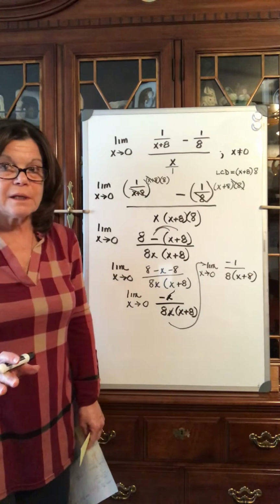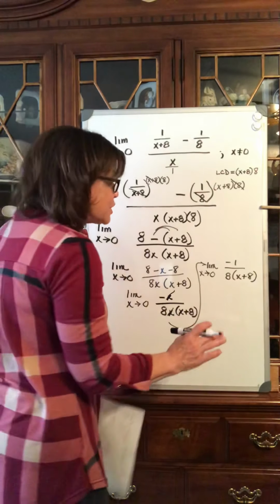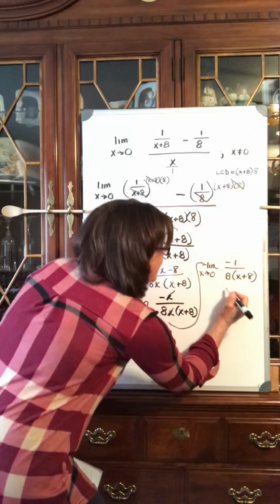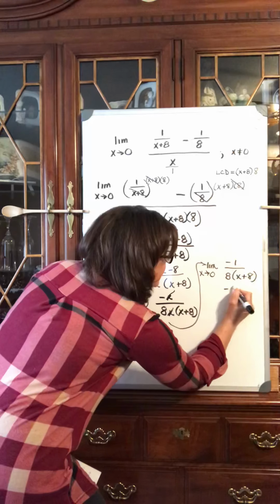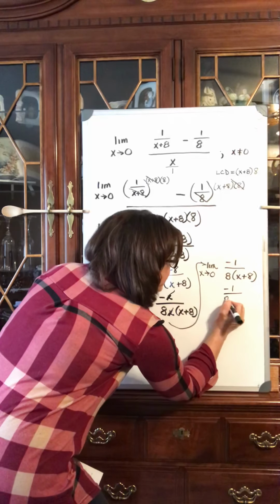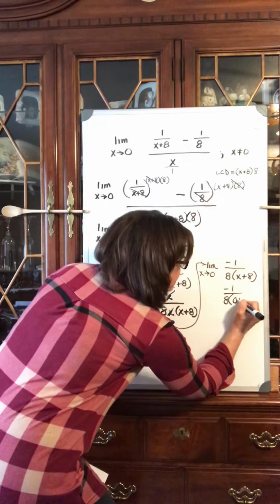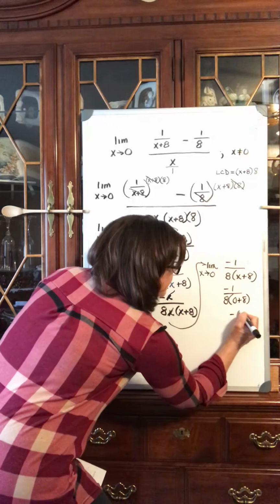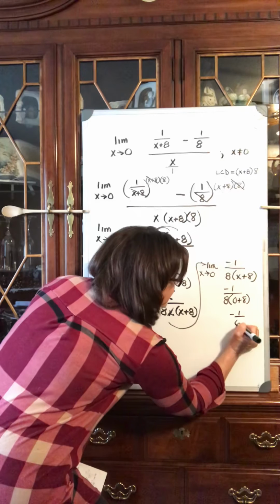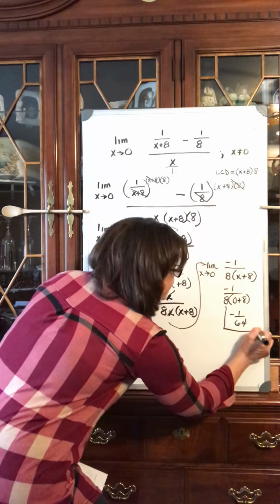Done simplifying, go to direct substitution, drop out the limit notation, replace x with 0: negative 1 over 8 times 0 plus 8. Negative 1 over 8 times 8 is negative 1 over 64.